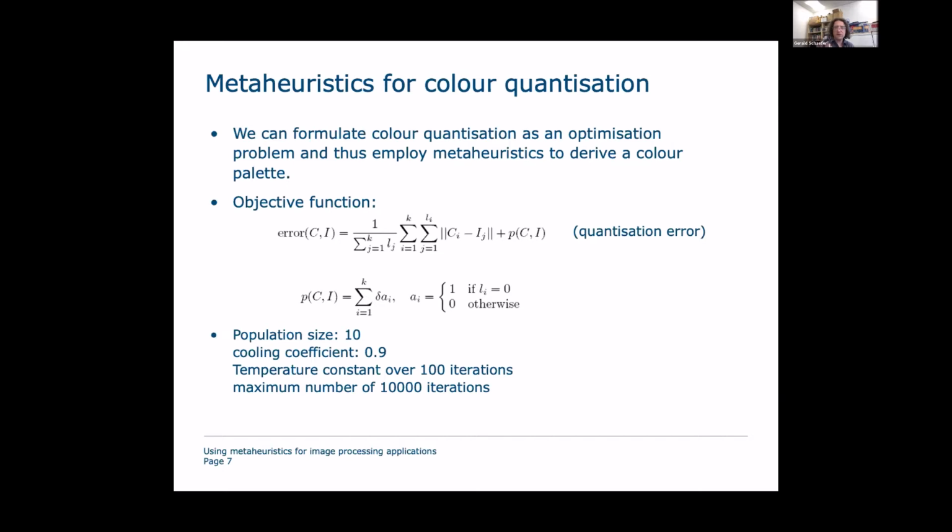That fitness function essentially tells us for a particular solution how well that solution works for the problem that we've got. So as long as we can define something like that, we can, in principle, use a metaheuristic to solve that optimization problem.